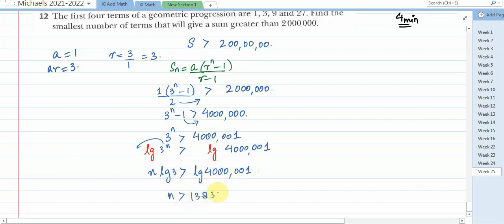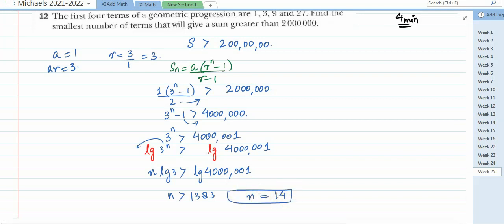So 13.83 means that n should be equal to 14, and that is your answer. Alright, if you have done it correctly, that is very good, but if you are stuck at some point, you still have 1 minute to complete the solution in your notebook, so start.